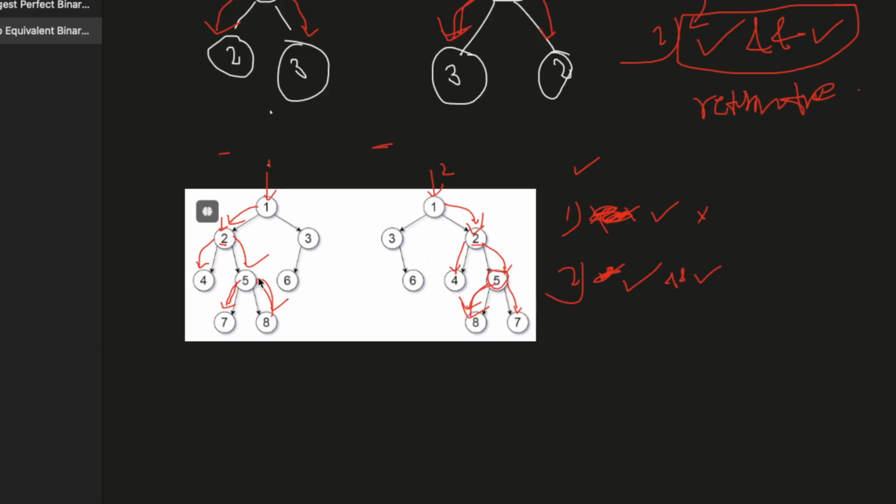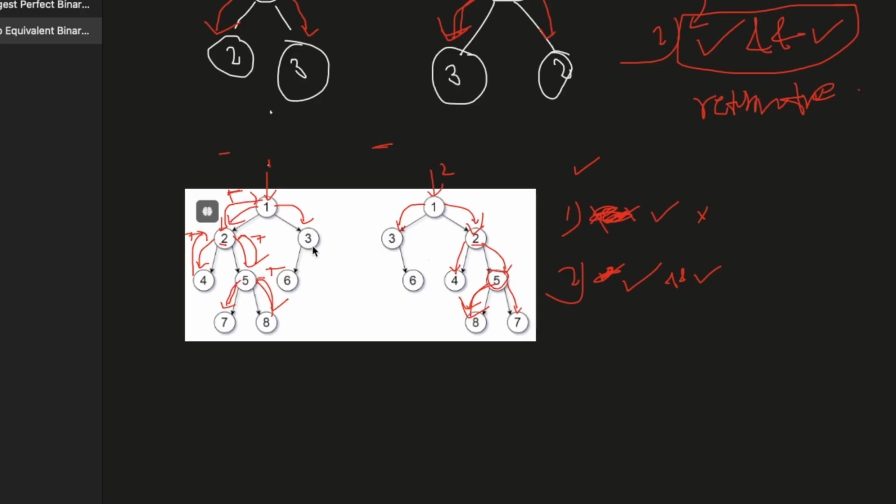So this will return true, and this will return true, and this will return true to this. And since both of them are true, this will return true. And then when we are going on to the right, here we'll be going on to the left, right? I'll check whether 3 is equal to 3. It is, right?